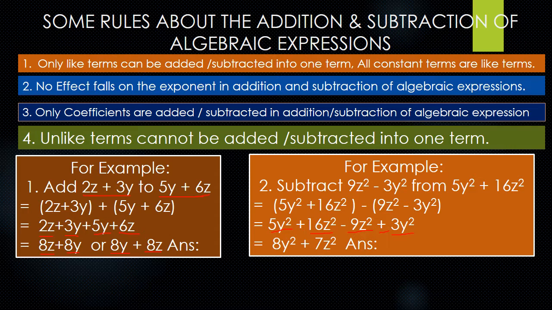Constant terms are those terms which have no variables, and like terms are those terms which have the same variable with the same power. So these are like terms, and constant terms are those which have no variable.